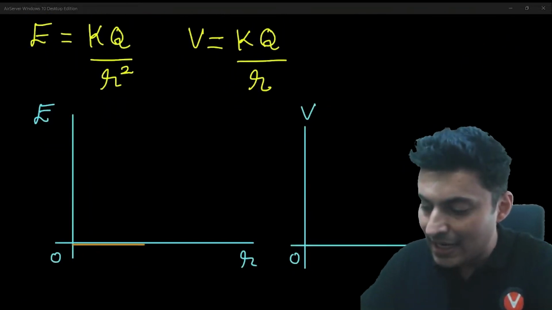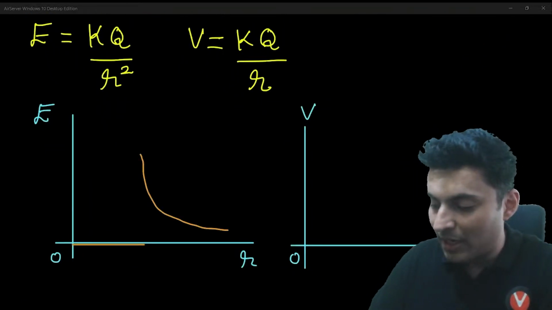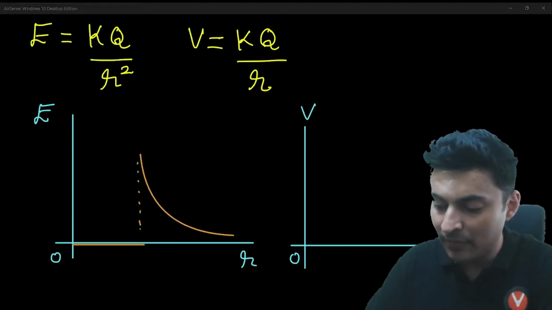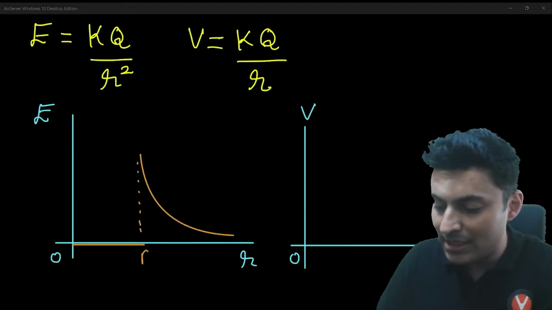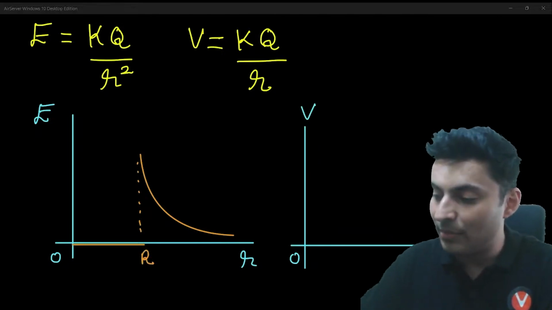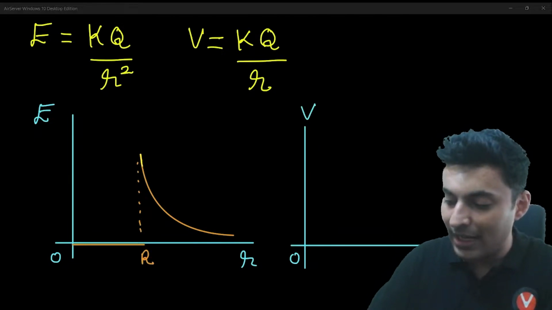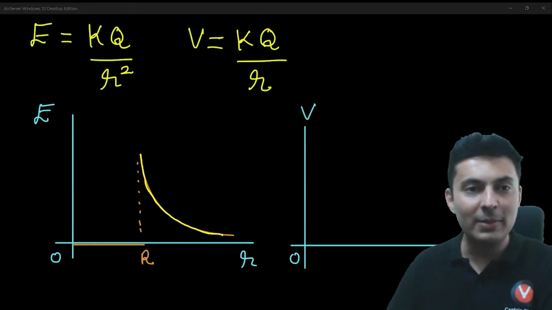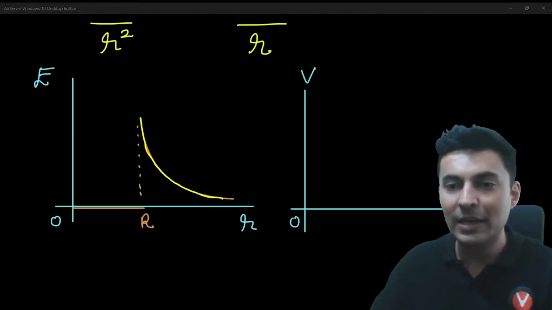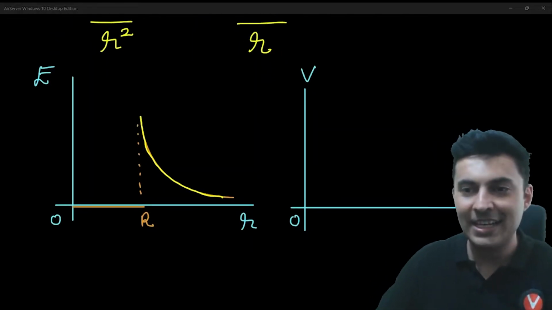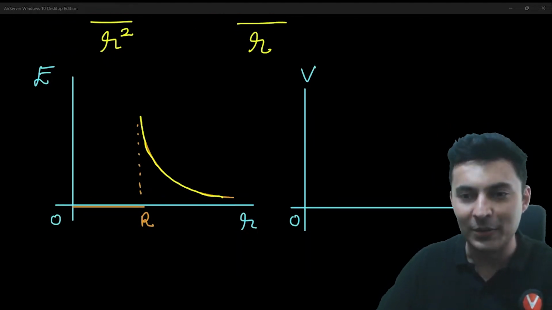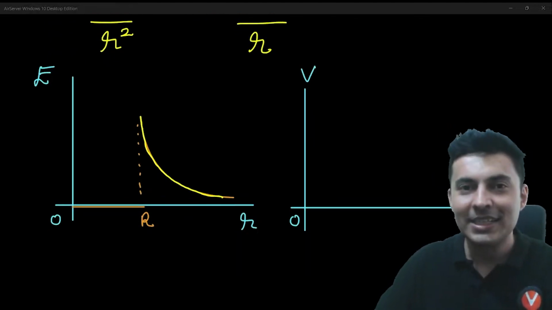And then suddenly it jumps up and then it becomes a curved line. That jump happens at R. And after that, you can see it is a curved line. Everybody with me? Understood or clear till this point? Yes or no? Very good.